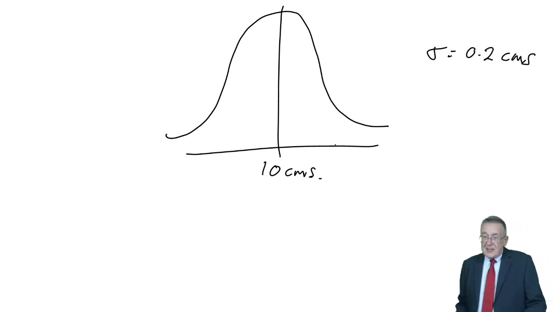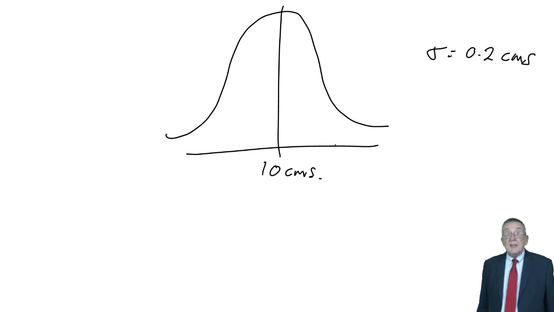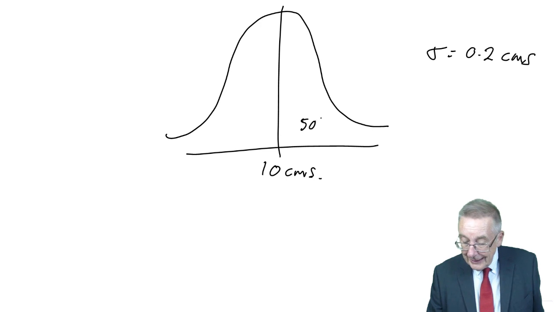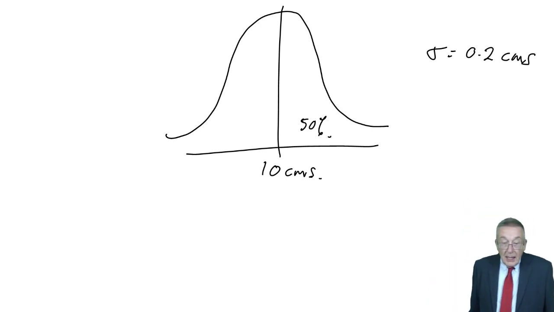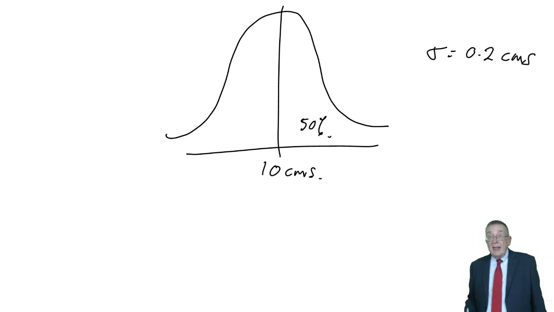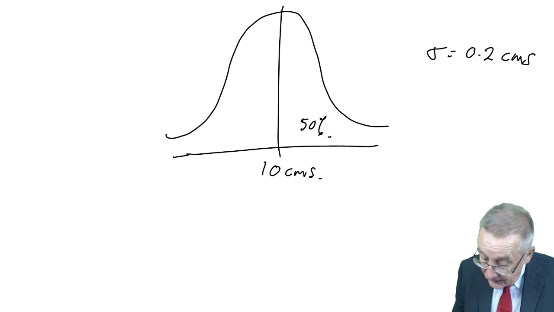Well, we know there's a 50% chance they're more than 10 centimetres. It's symmetrical. And we want there to be a 95% chance, so surely X must be less than 10.